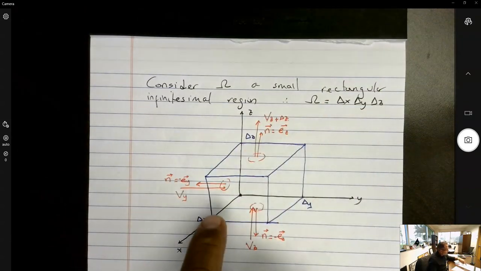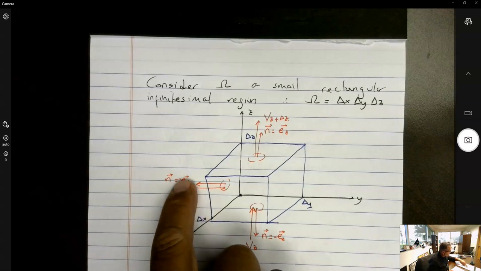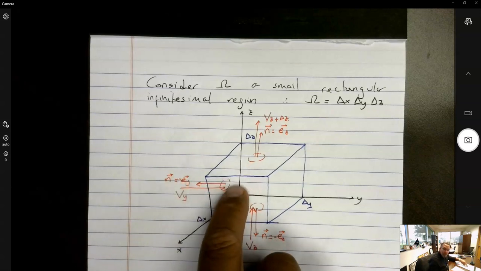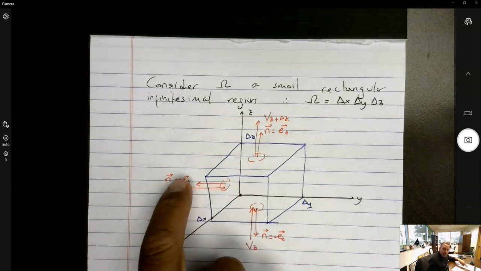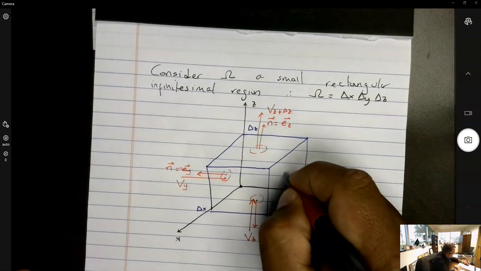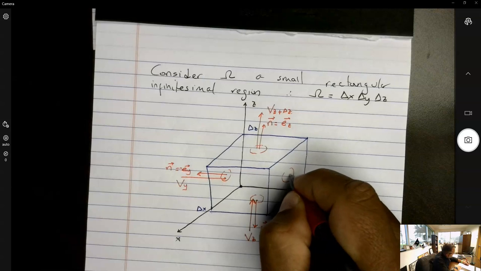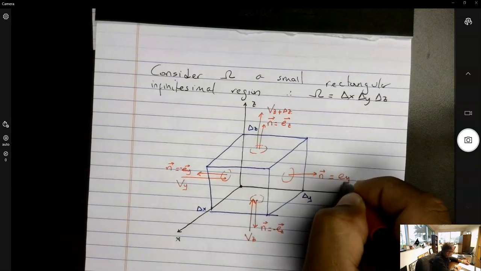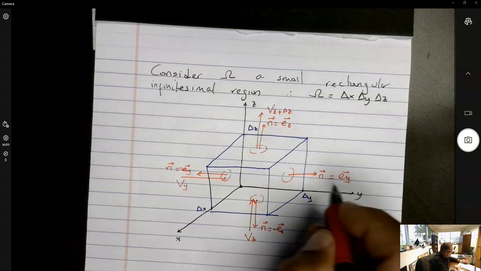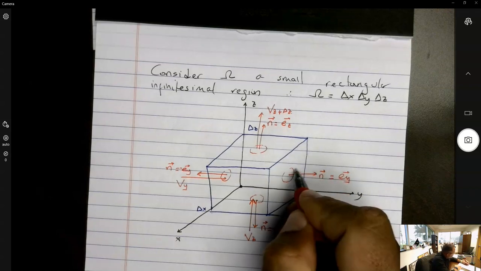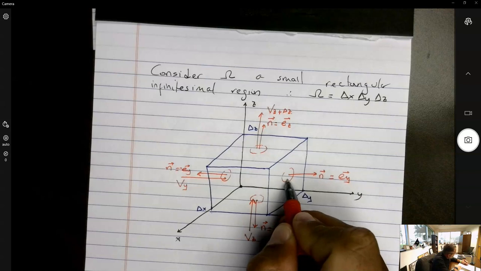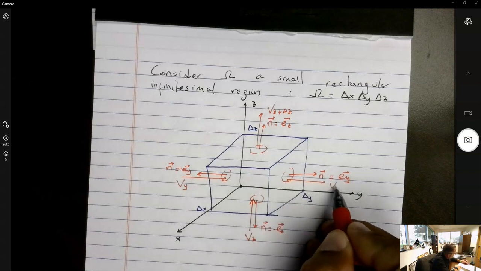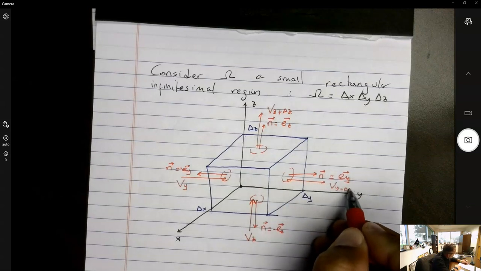But the only one that will survive when we multiply v dot n, when we do the integral along this face, is the y component, because the normal vector only has the y component. And here, the normal vector is equal to Ey, positive, so a vector that points in the y direction. This is the velocity at y plus delta y.